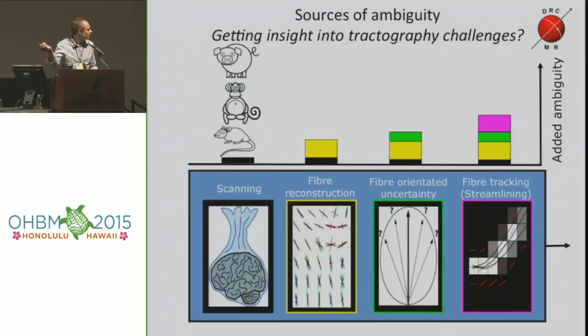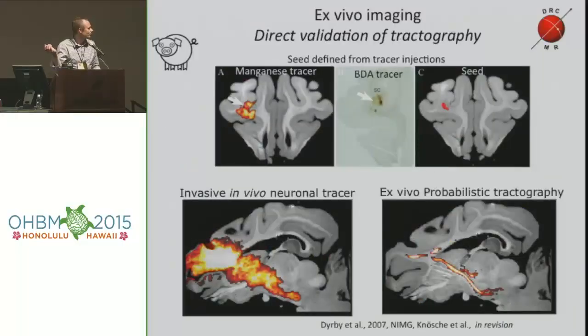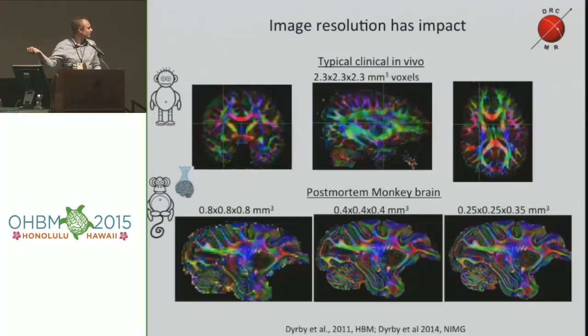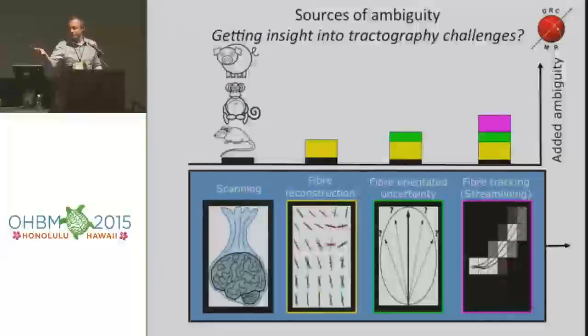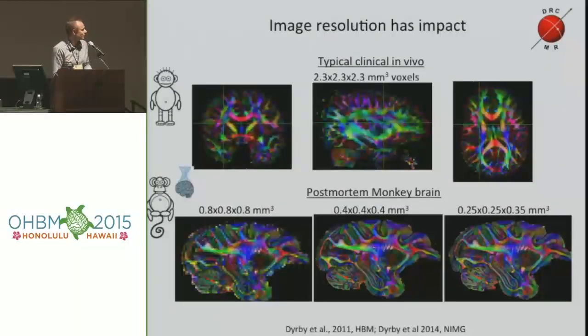And that we did. Next slide. Okay, so this is just an example of how the data set looks when you're using ex-vivo imaging. I will not say much about this because there will be a talk later on this topic.